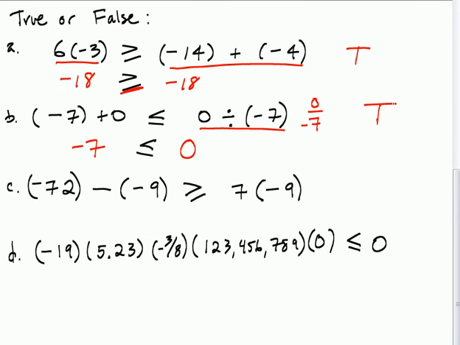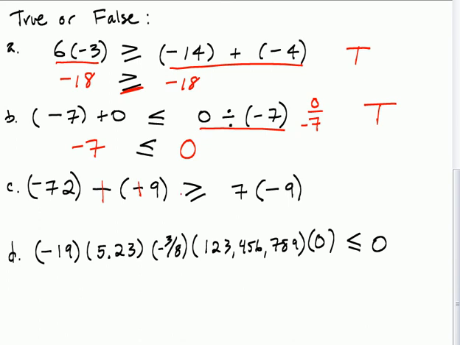In C, we've got negative 72 minus a negative 9, and though I don't recommend doing this when you're doing this on paper, I'm going to just change this to addition and also change that negative 9 sign. When I say I don't recommend you do this on paper, I mean write it again. But since I've got the advantage of red ink here, we'll just stick with that.